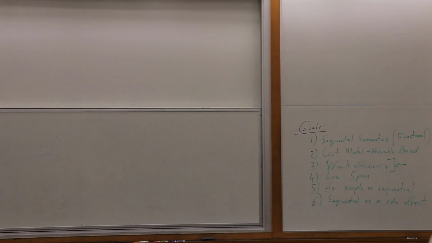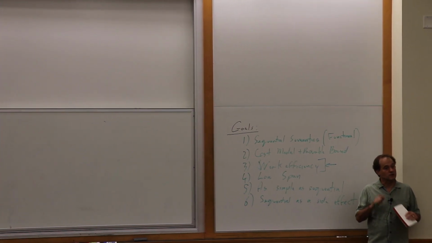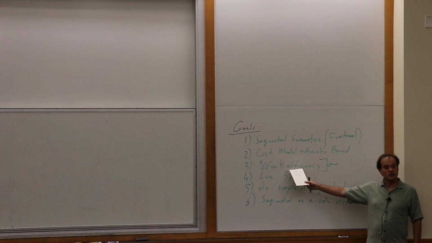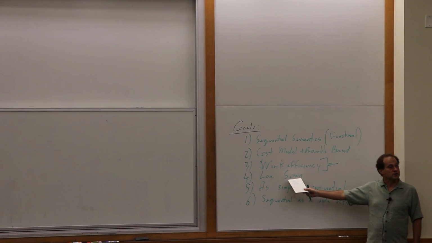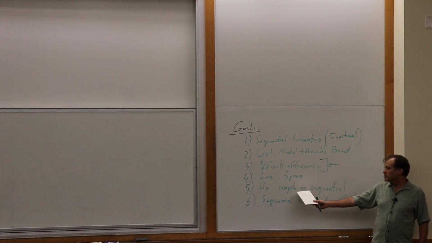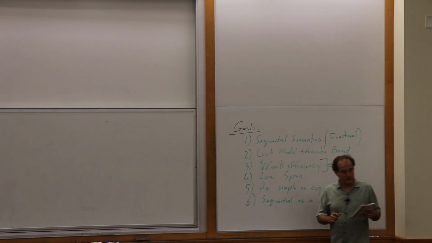In fact, it's an open theoretical question whether you can get a work efficient breadth-first search algorithm which has polylogarithmic span. So we're certainly not going to solve it here. And we'll see it's reasonably simple, and you could use it as a sequential algorithm.